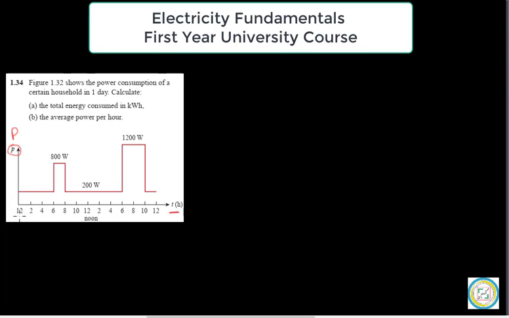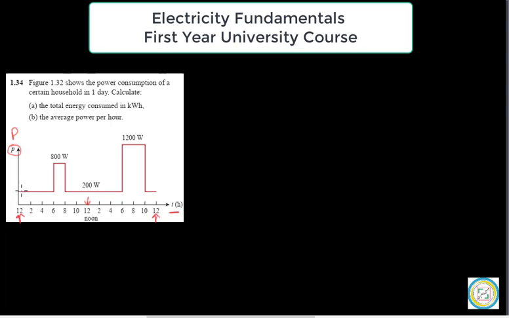So this is midnight, and this is also midnight. So these are 24 hours, and in between you have your midday or afternoon. So this is how a house is consuming power.